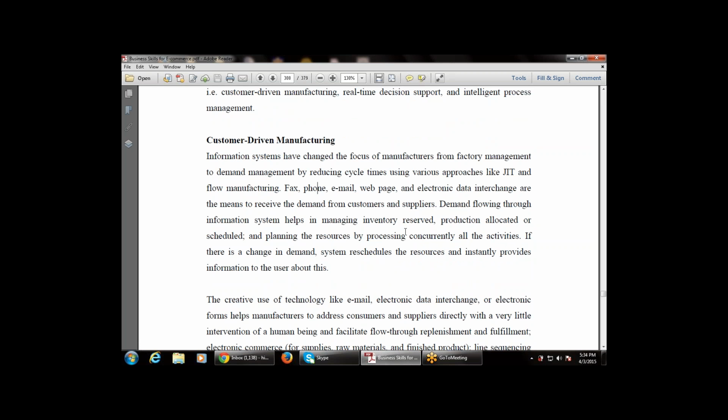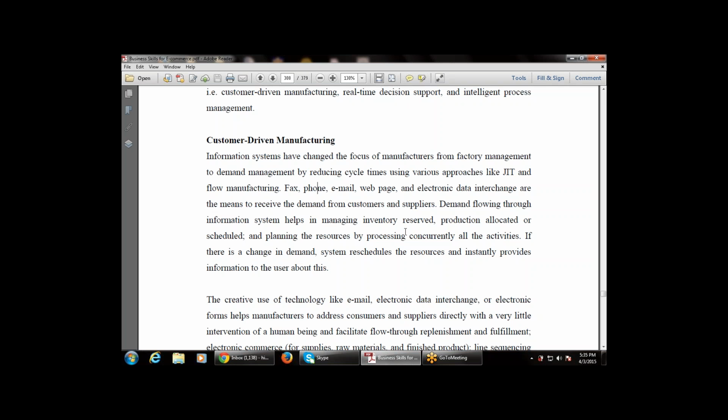If there is any change in the demand, reschedule the resources and instantly provide the information to the user about this. That is customer-driven manufacturing, taking care of the priority of the customer. There will be manufacturing that takes care of this. That is one of the advantages provided by internet-based manufacturing.